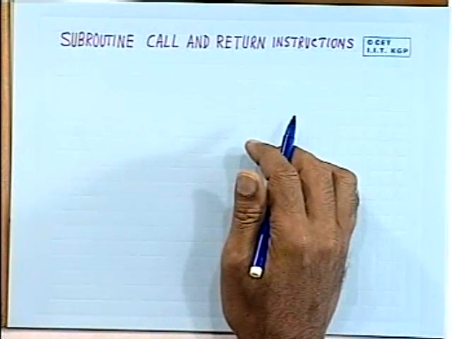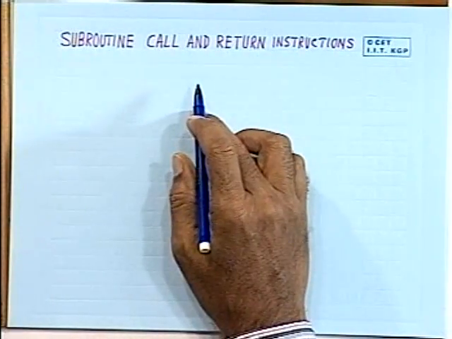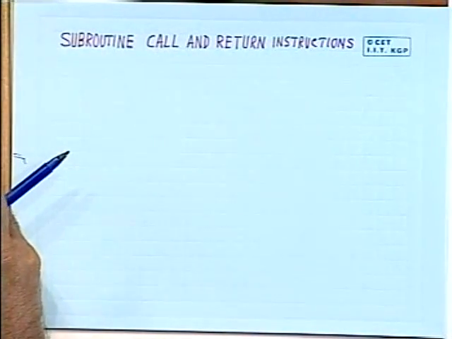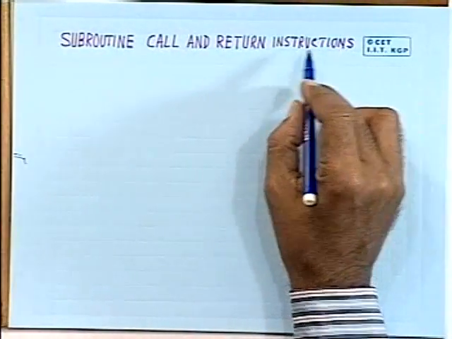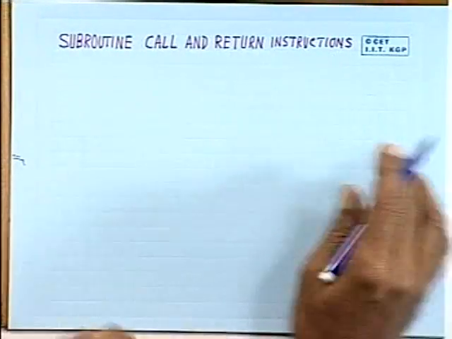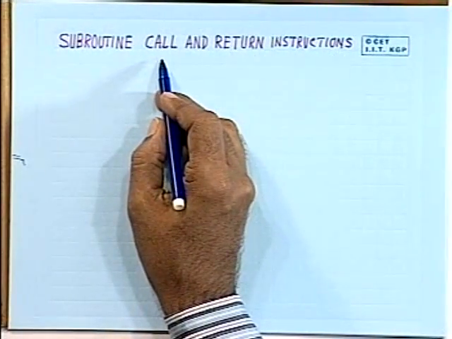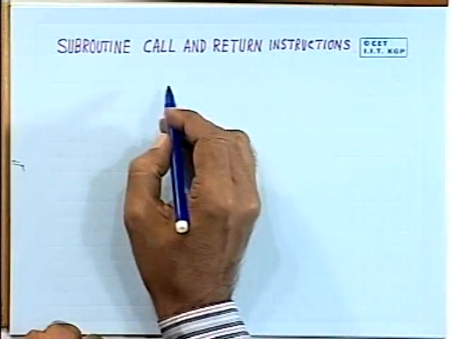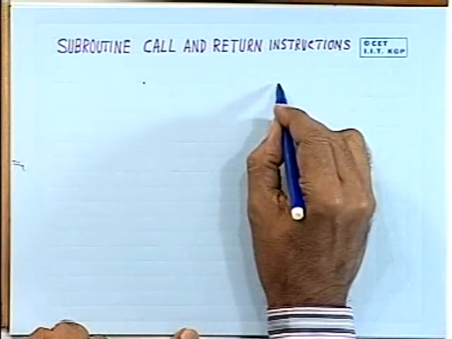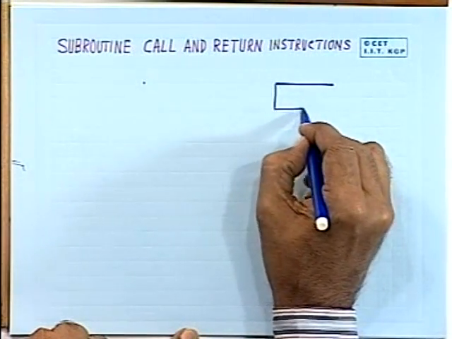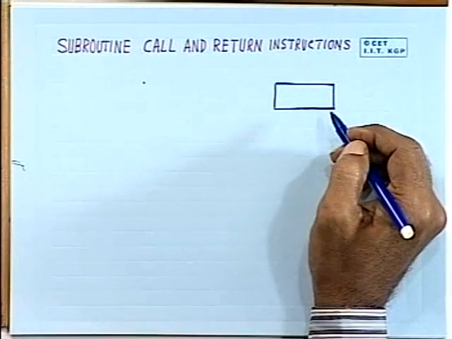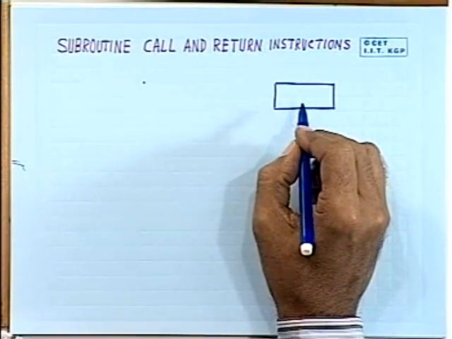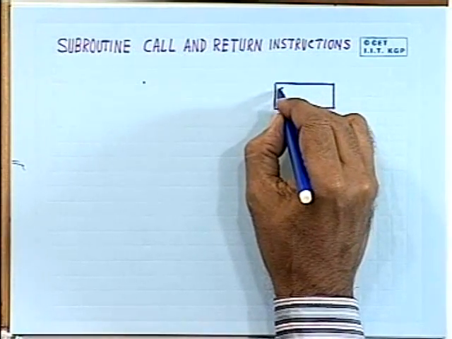The first category is subroutine call and return instructions. These are available in the 8051, and subroutine call is available in two forms. In the first one, the instruction is only 2 bytes, and you provide a short 11-bit address in the form of immediate data.